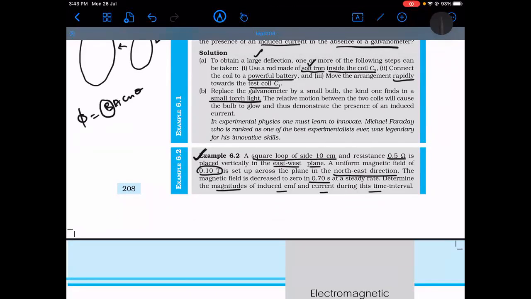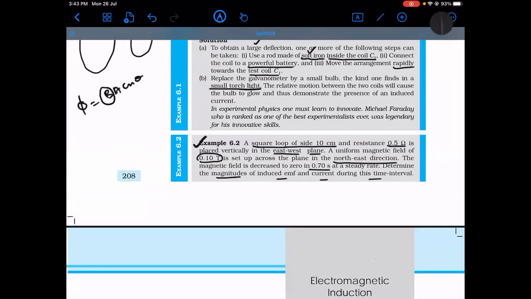Did you guys understand this question? Now tell me, what are all the parameters that we need to take? They're asking, determine the magnitudes of the induced EMF and the induced current in this time interval. Since the time it is taking for the magnetic field to become 0 is 0.7 seconds, do we need to calculate the average value or the instantaneous value?